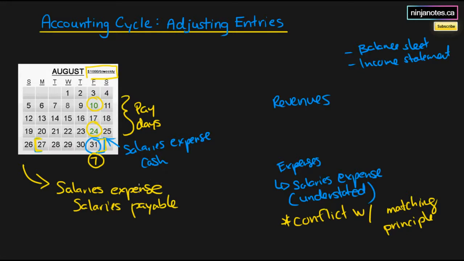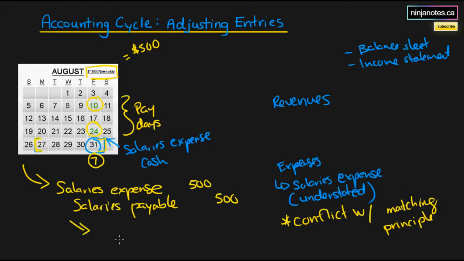And the number associated for each of these accounts will be, since we're paying them $1,000 bi-weekly or every 2 weeks, that means we're paying them $500 every week, which is half of $1,000. So we're just going to say debit salaries expense $500 and credit salaries payable $500.